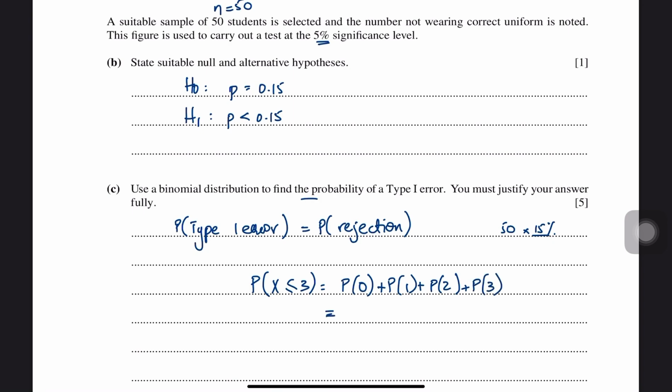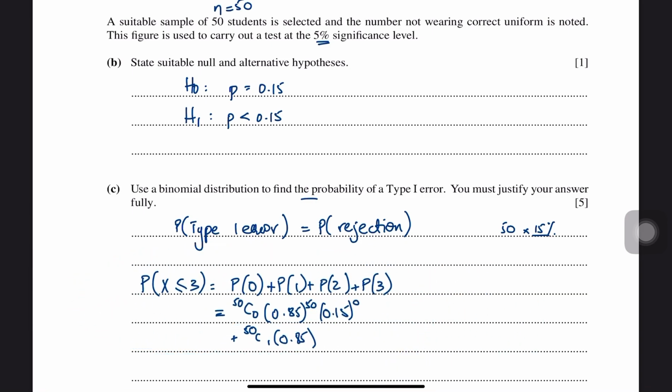Okay, so this is 50C0, 0.85 power 50, 0.15 power 0, 50C1, 0.85 power 49, 0.15 power 1, 50C2, 50C3.